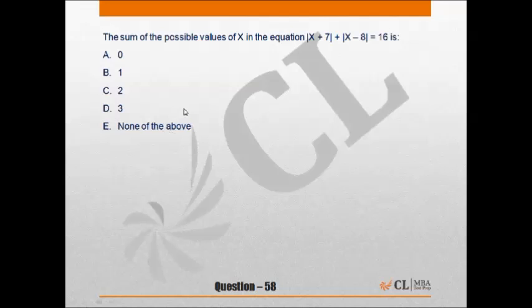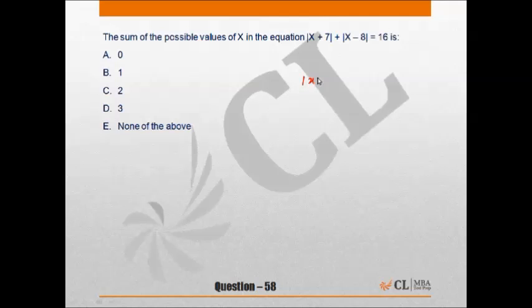In this problem it is given that mod of x plus 7 plus mod of x minus 8 is equal to 16, and we have to find the sum of all possible values of x. So first of all we have to find the different regions in which we have to find the value of x.